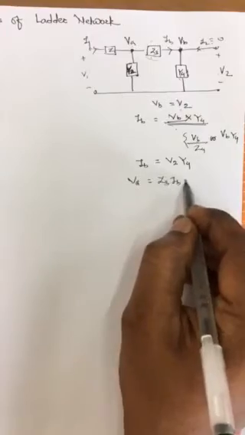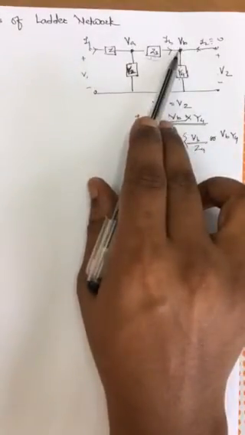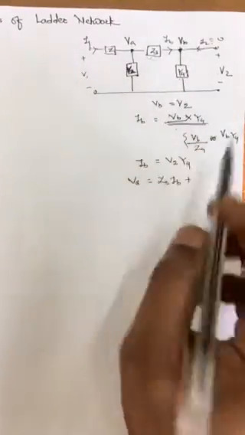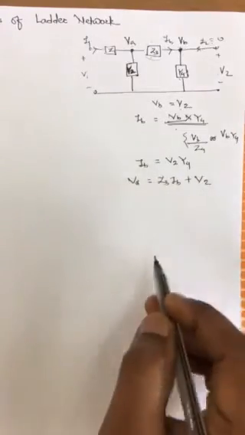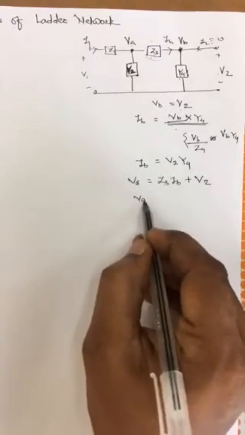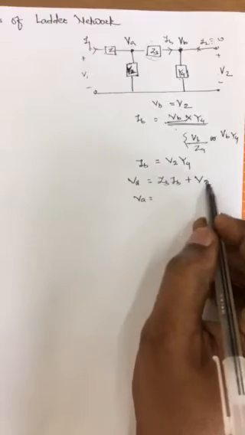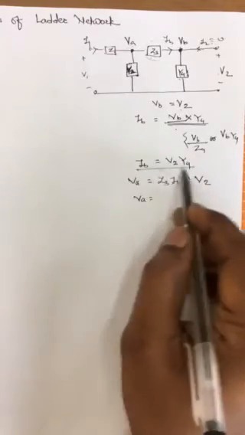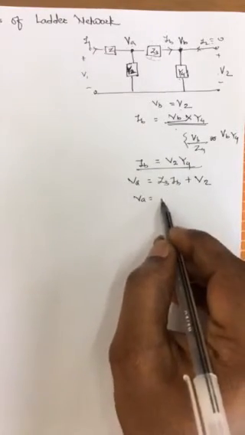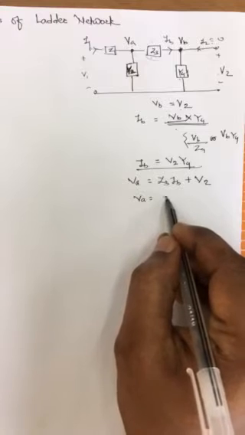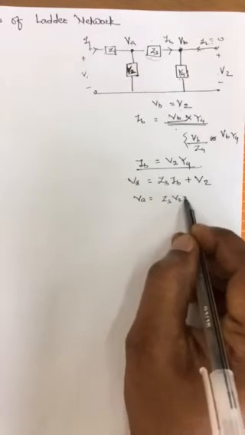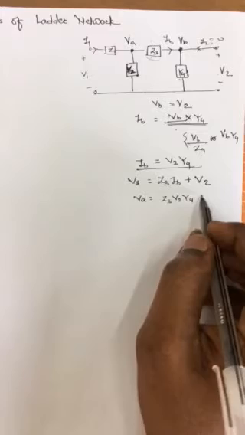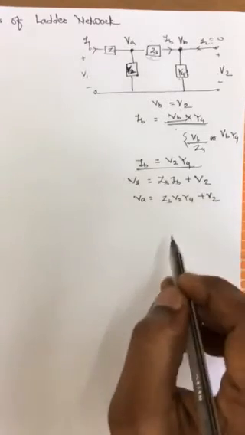Z3 IB plus the voltage over here, which is VB, but VB is nothing but V2, so I write V2. So VA equals Z3 IB plus V2, but IB is V2 Y4. So I can write Z3 into V2 into Y4 plus V2.